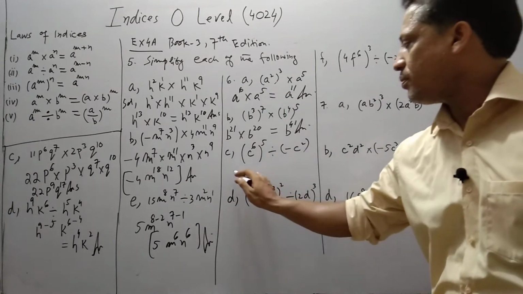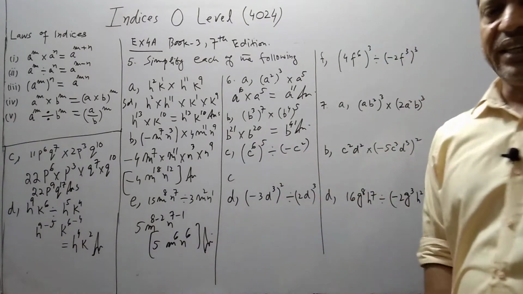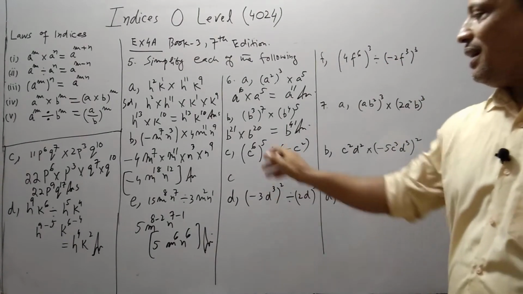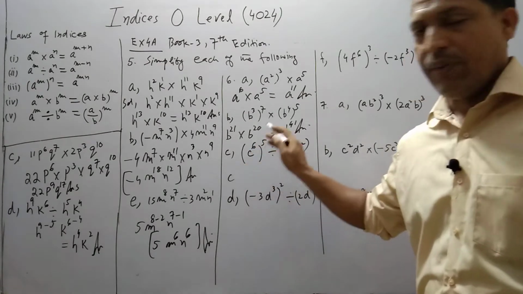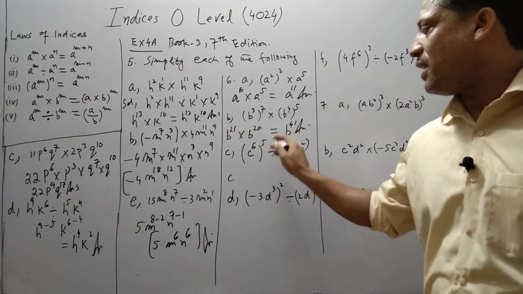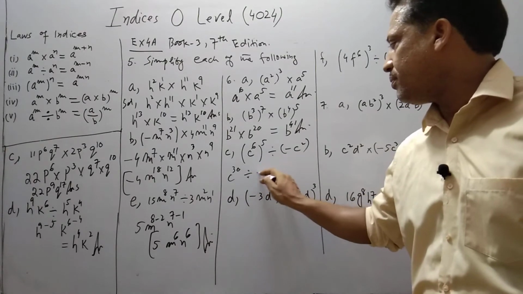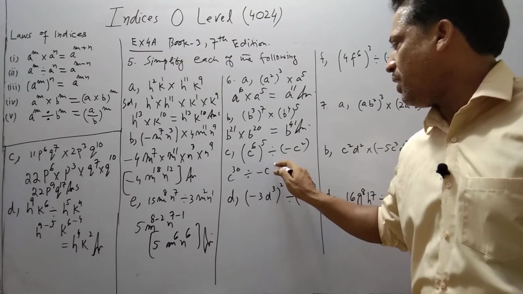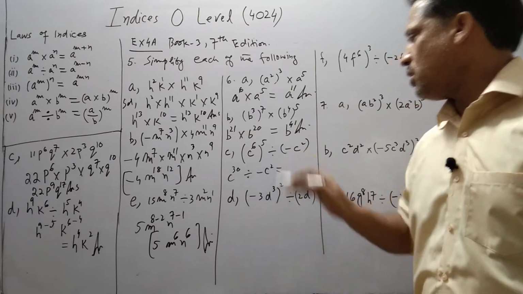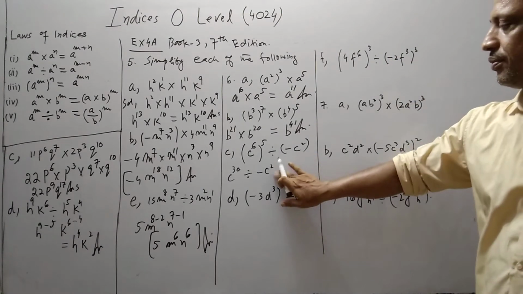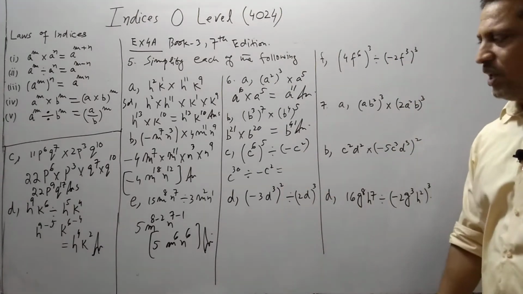Come to part C. 6 fives are 30, because with power to the power, the powers are always multiplied. Divided by minus c squared. What is the answer? This is very easy.